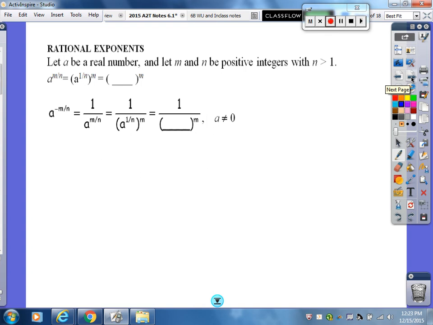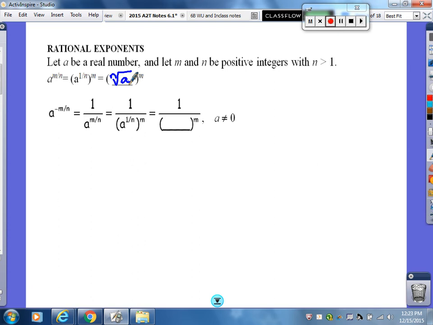Okay, look at these couple of theorems here. If we have a to the m over n, we're going to simplify expressions. We can take the nth root of a and then raise it to the m power, to get our number smaller and then raise it to the power. If you have a negative exponent, that means to take the reciprocal. But here again, we can take the nth root of a and then raise it to the m power.